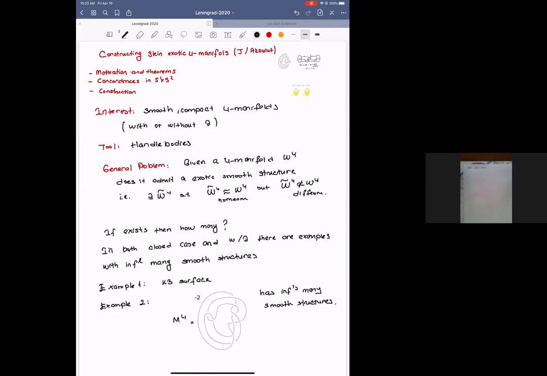Can you at least briefly recall what that is? You have some knot and some framing.